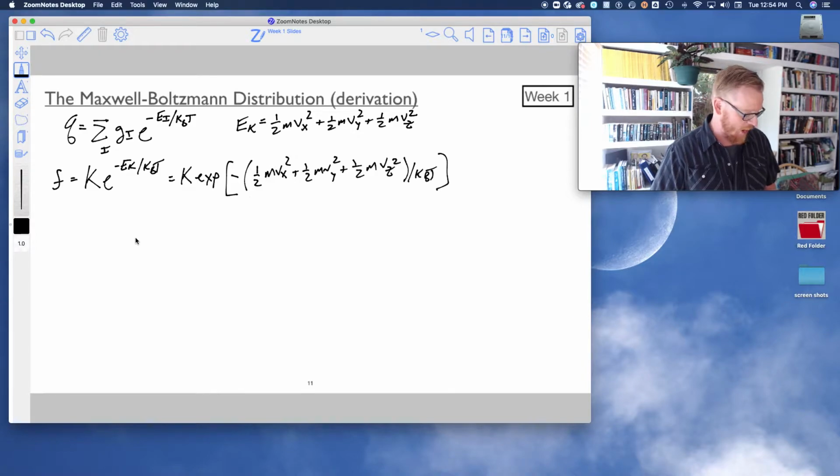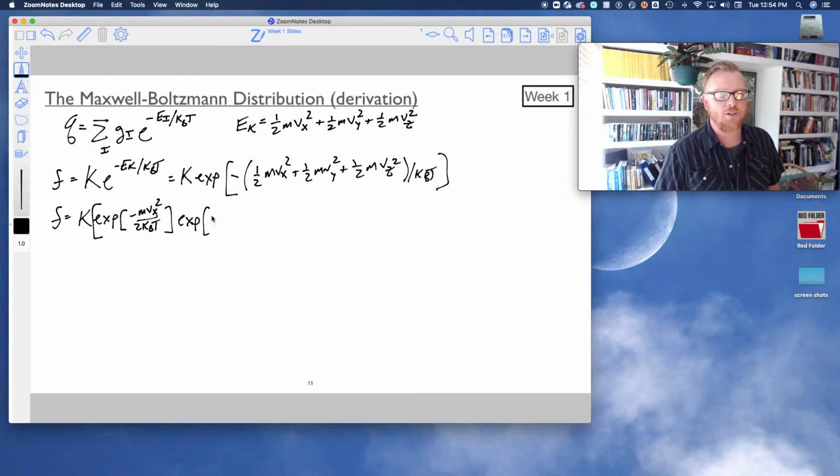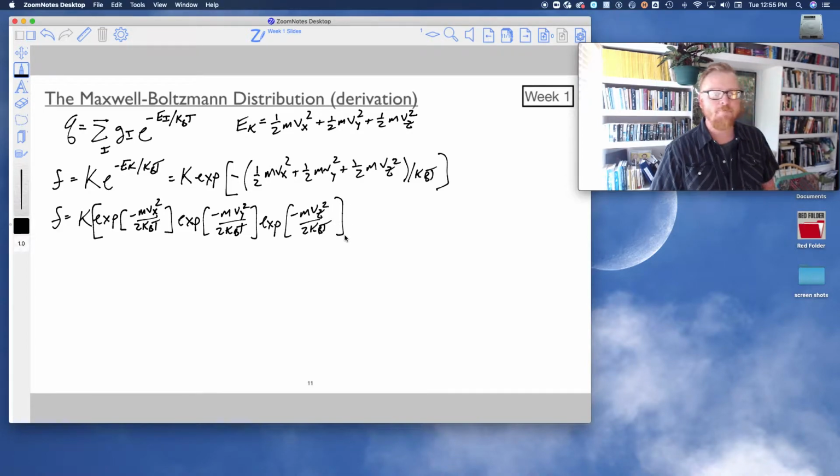I'm going to separate those out and rewrite my function as K times exp of negative m v_x squared divided by 2 k_B T, times the exponential of negative m v_y squared divided by 2 k_B T, times the exponential of negative m v_z squared divided by 2 k_B T. Now we can start to see that we're going to have a way of separating those degenerate states, those x, y, z states.